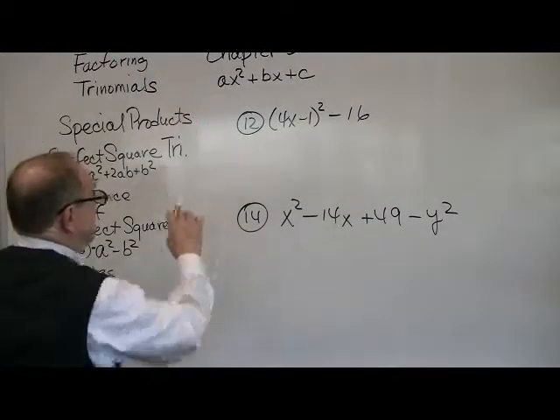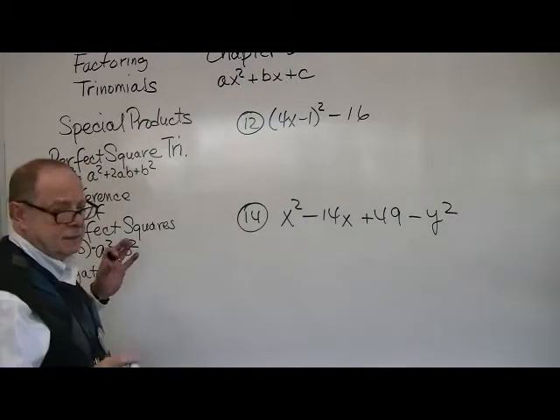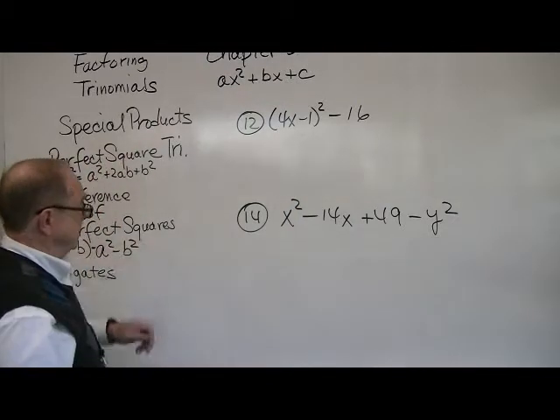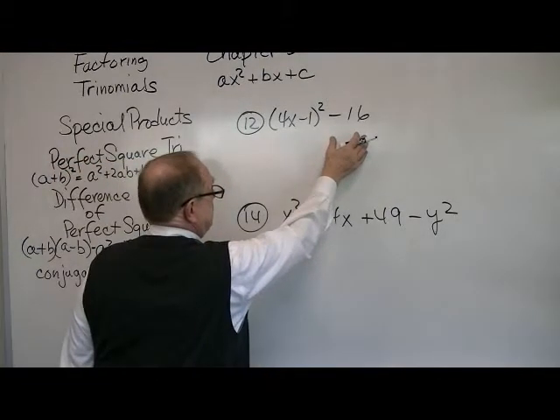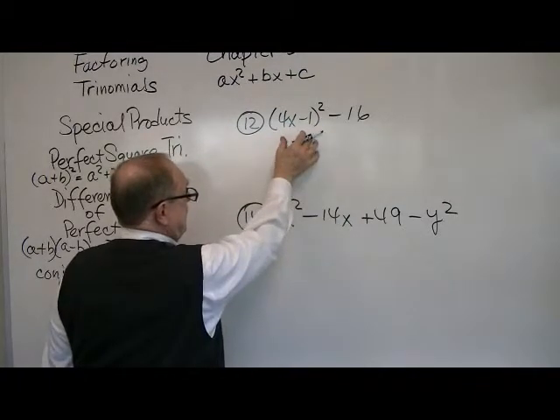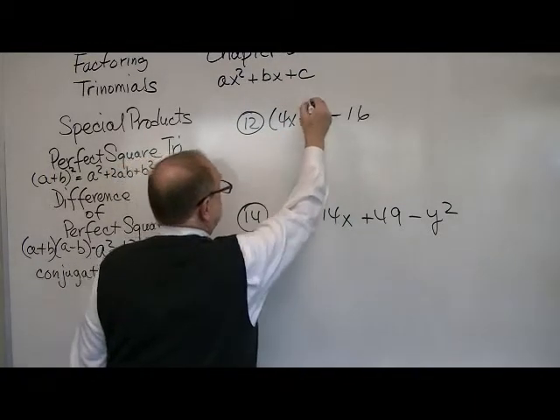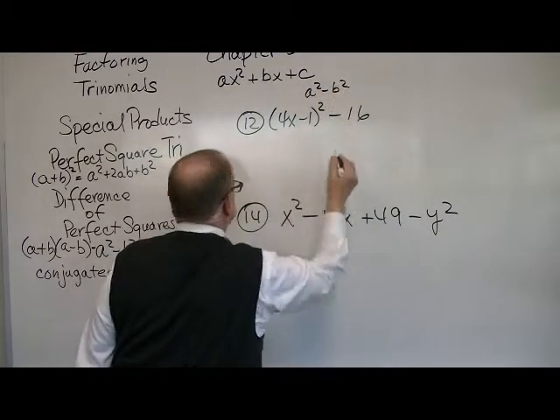All right, continuing on 5.6, some special products. So as we see, something like this is a special product. And believe it or not, it's in the form of a squared minus b squared.